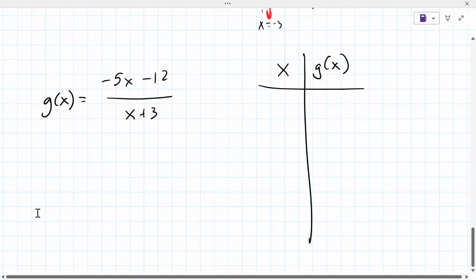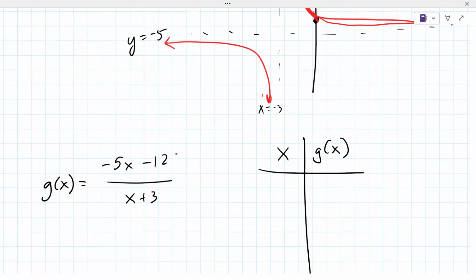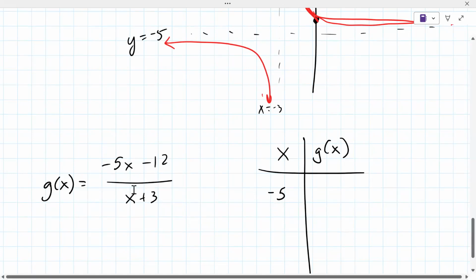Okay, so you want to pick values in each region of the graph, like left of -3, for example, -5. So Claire, would you evaluate this function at -5, please? Yeah, one.